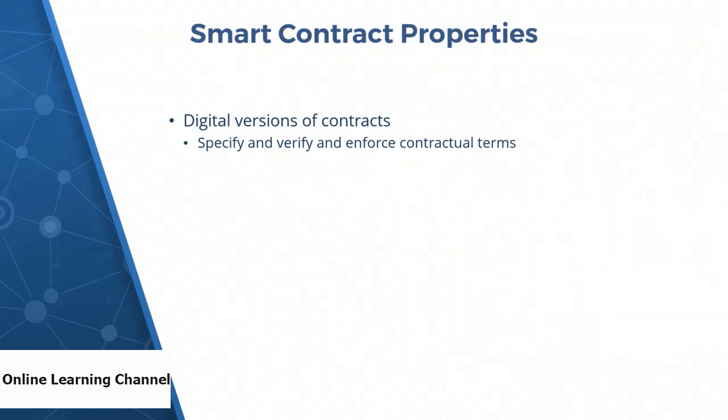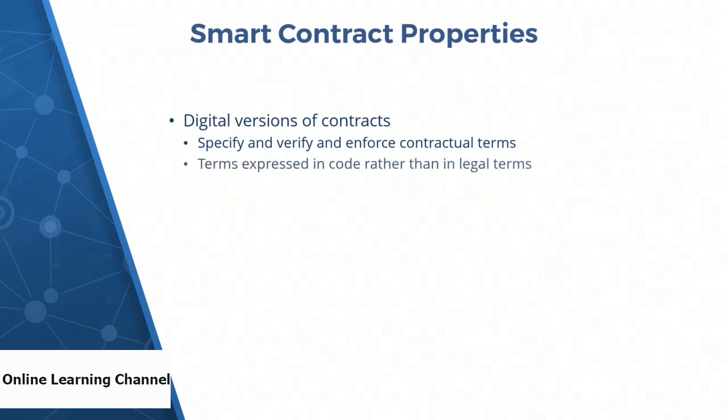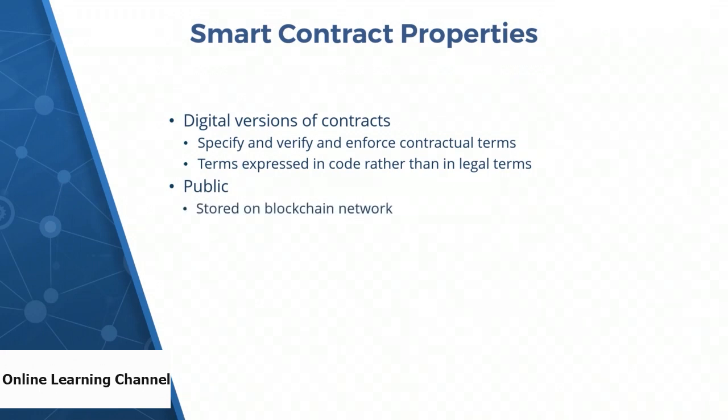The only difference between smart contracts and regular contracts is that in the smart version, the contractual terms are expressed in code rather than in some legal language. Given that Ethereum is a public blockchain network, this means that smart contracts are also public. They are in fact stored on the Ethereum network and are part of the state of the network. As a result, smart contracts are open for all to view.